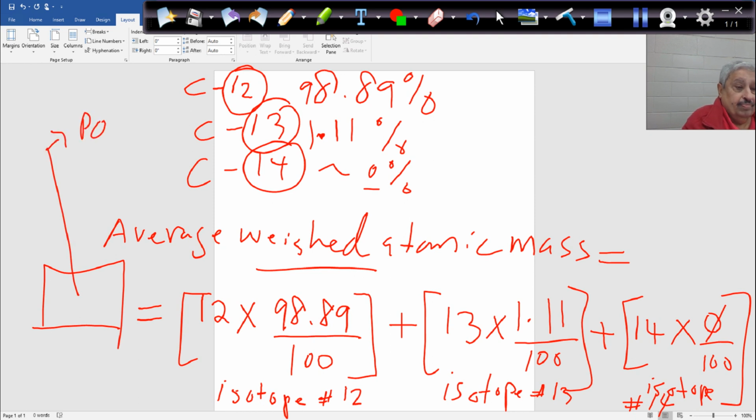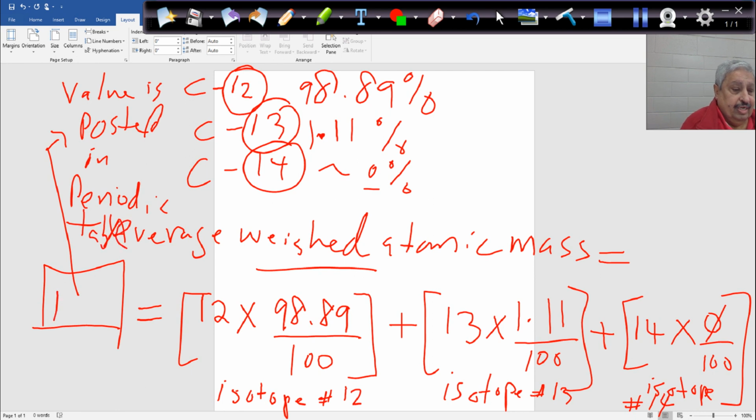This value is posted in the periodic table. So it should be 12 point something in the periodic table. I can see it here, 12.021, and you can verify whether that's really true or not.